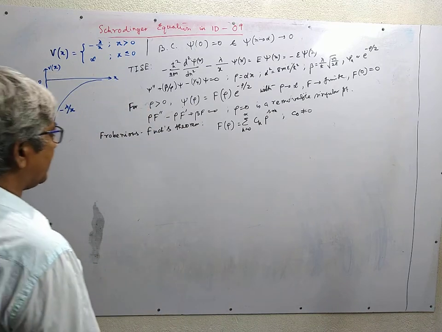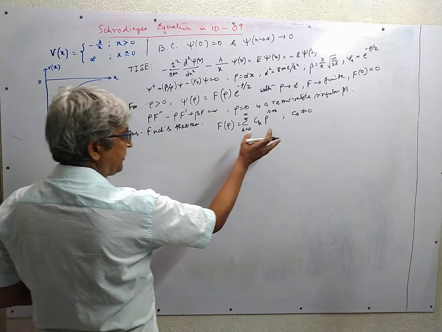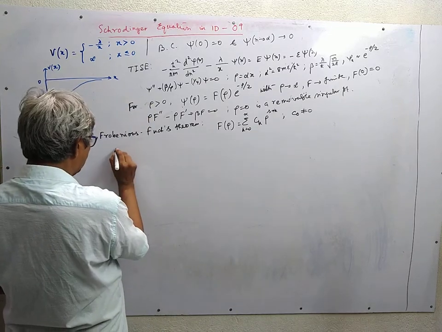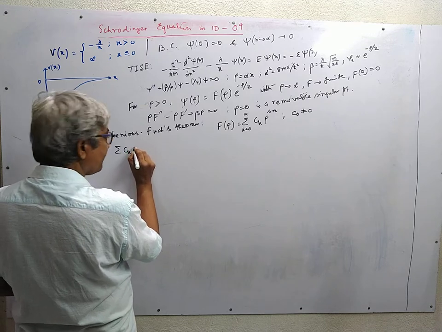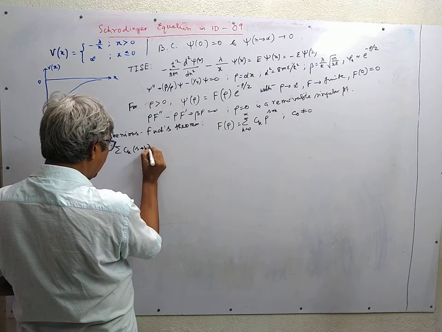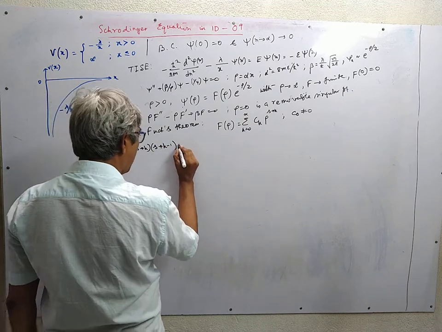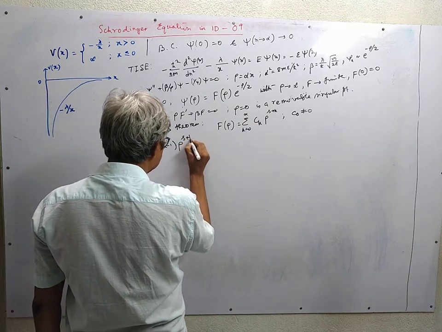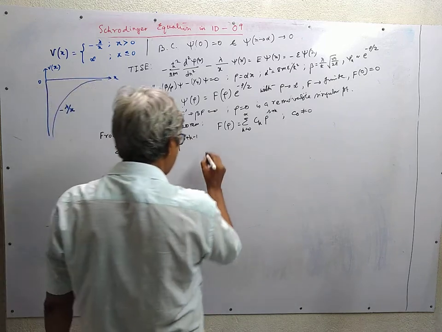As you are familiar with the Frobenius method, I am just skipping steps. If you differentiate these two times, you get ck s plus k times s plus k minus 1 rho to the power s plus k minus 1, which is the contribution of this term.